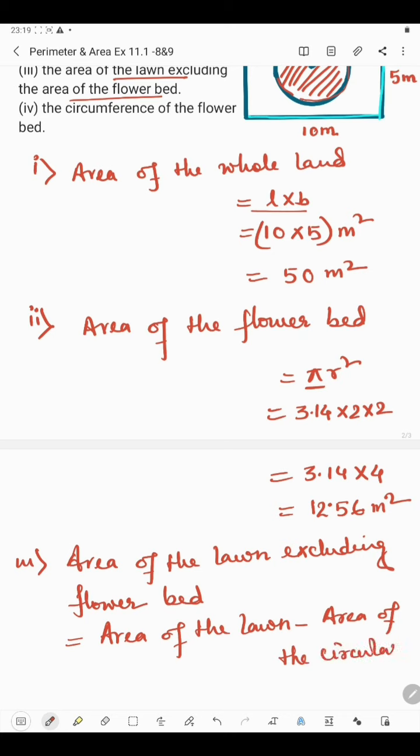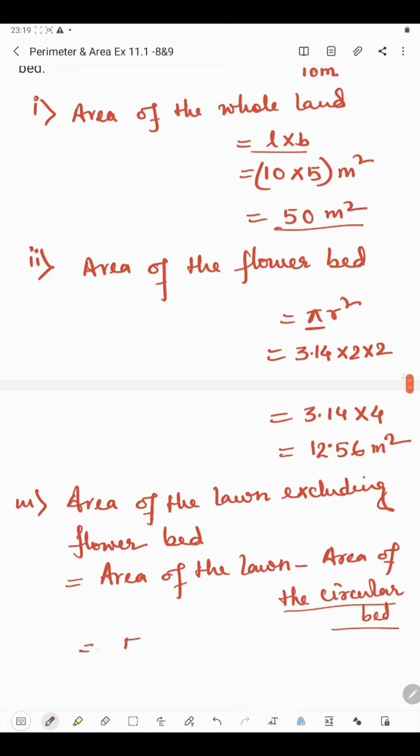So if you remove this circular bed from the area of the lawn, then we'll get the area of the lawn excluding the flower bed, right? So area of the lawn is 50 meter square and area of the circular bed is 12.56 meter square. So we'll subtract these two.